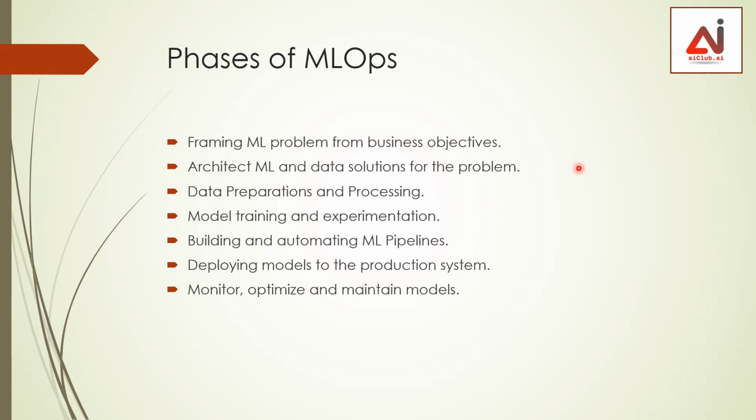Then comes the stage of data preparation and processing. Data is usually unstructured and lacking in consistency. Most of the time in the development phase of any machine learning objective is spent on data preparation, processing, and gathering.